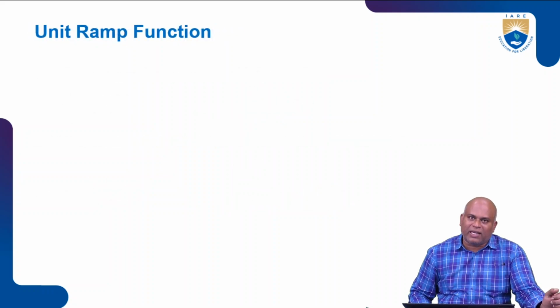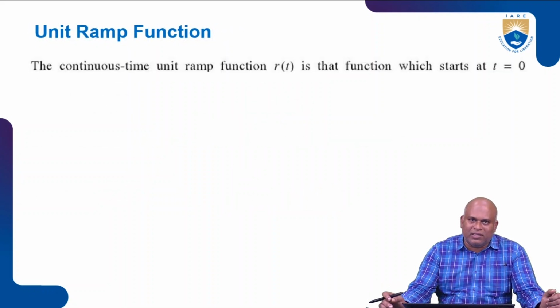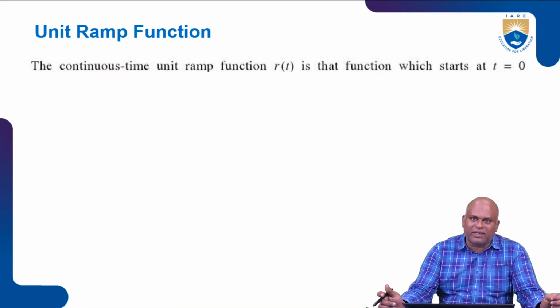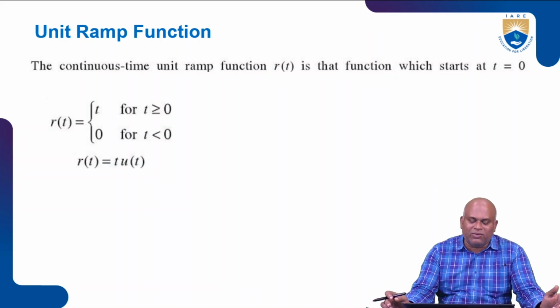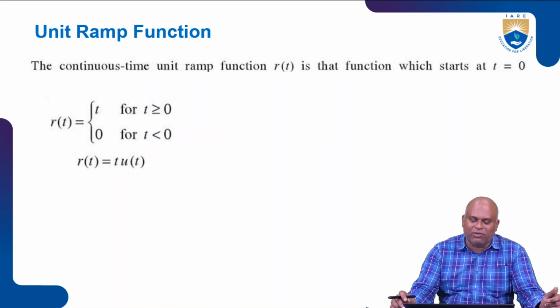Then the unit ramp function. The continuous time unit ramp function r of t is defined mathematically as r of t equal to t for t greater than or equal to 0, and 0 for t less than 0.